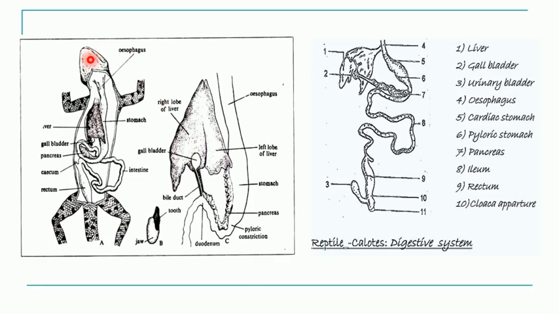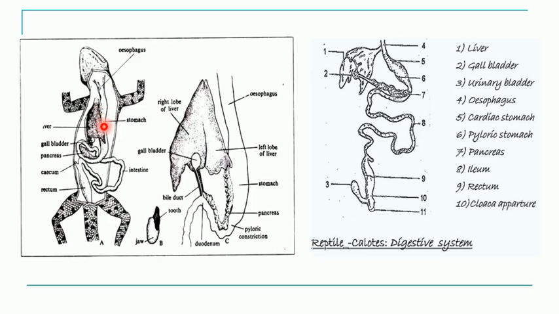It starts with the mouth, which is terminally situated, from which you have the buccopharyngeal cavity, which leads into a small tubular structure called the esophagus, and this esophagus will end into the stomach. The stomach is further divided into three parts, we'll study later.